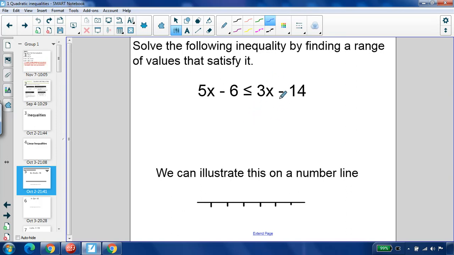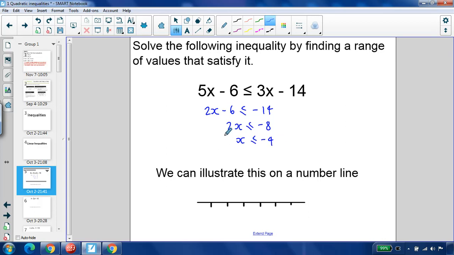So I'm going to minus 3x from both sides. And then I'm going to add 6 to both sides. And then I'll divide by 2. So here we have a solution, and it is x is less than or equal to minus 4.